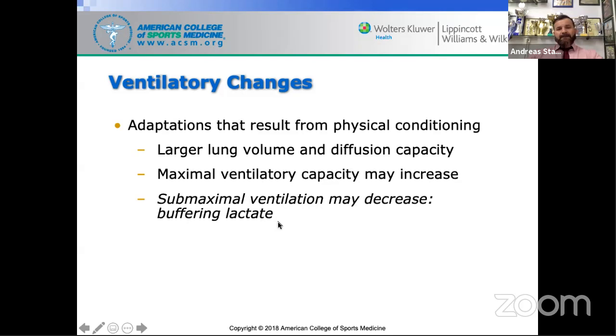And then the submaximal ventilation may decrease, and we think it's because there's not so much lactate to buffer, so there's not so much need for the ventilation to be that high. So it's decreasing. Again, put some emphasis, as you can see. I think it's very interesting to think about.